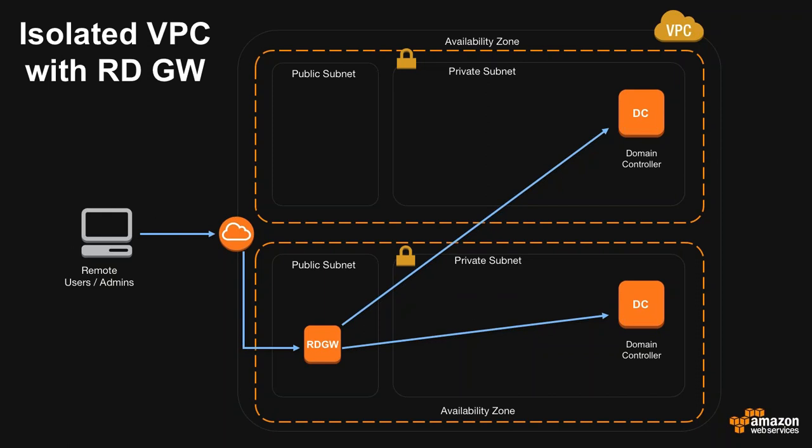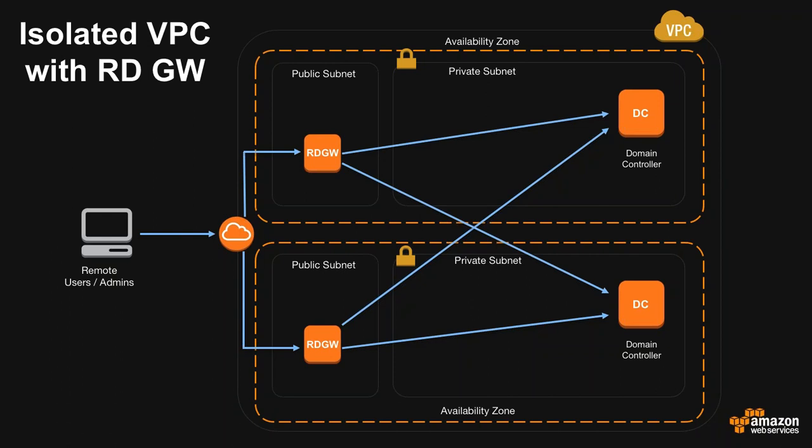However, using the suite of tools we've already discussed today, we can easily provide highly available solutions to this challenge. We can deploy a second remote desktop gateway, as shown here in the top availability zone, and each remote desktop gateway has access to each domain controller across the availability zones.